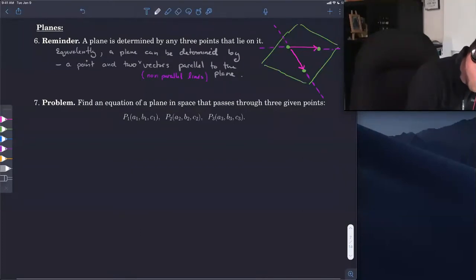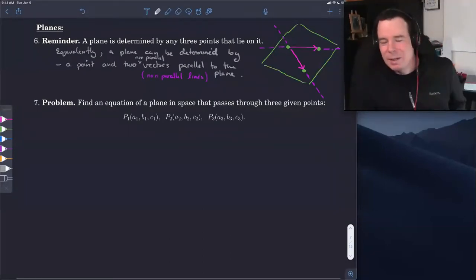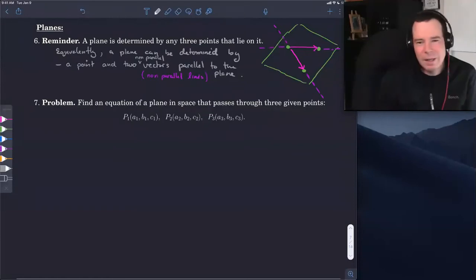To be precise, non-parallel vectors. Because if I said, consider the plane which passes through the origin and has vector 1, 1, 1 parallel to it and vector 2, 2, 2 parallel to it. Well, I haven't really given any new information with that second vector.